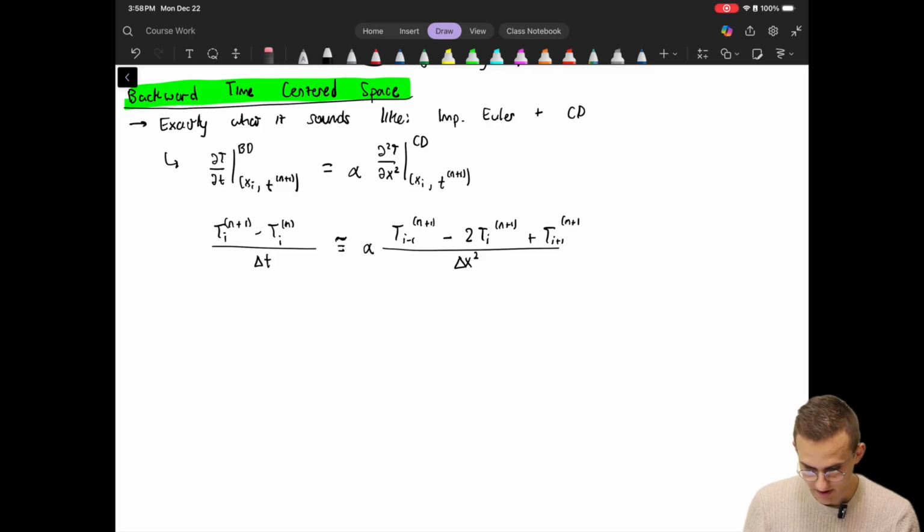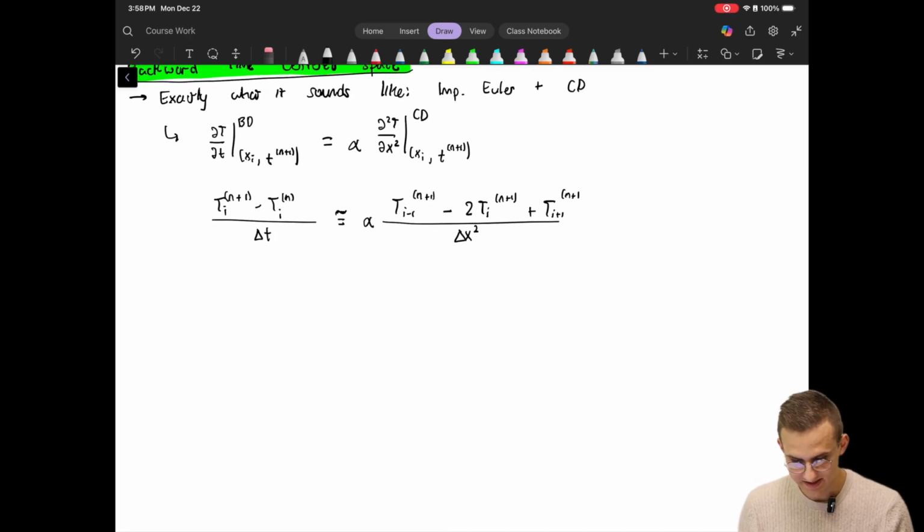Okay? And then we can go ahead and rearrange and put all of the T^(n+1) stuff on one side of the equation and all of the T^n stuff on the other side of the equation.